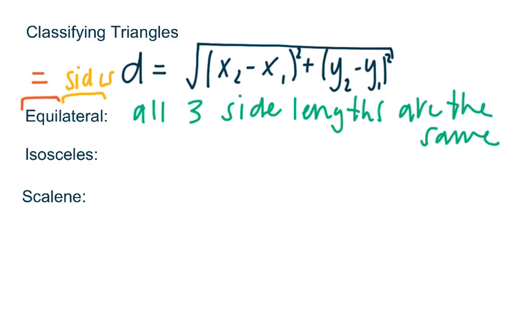Our isosceles triangle is going to be at least 2 side lengths are the same.